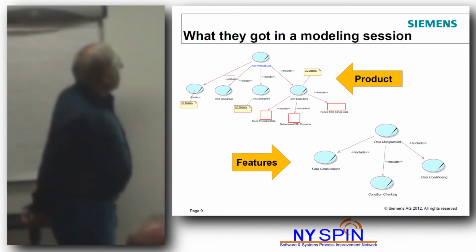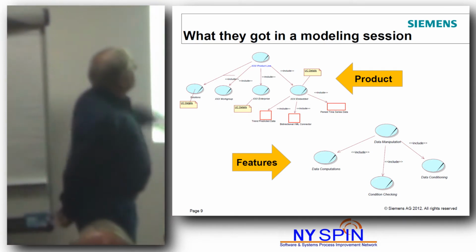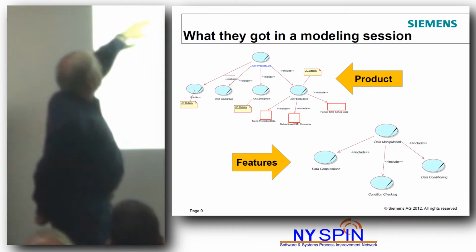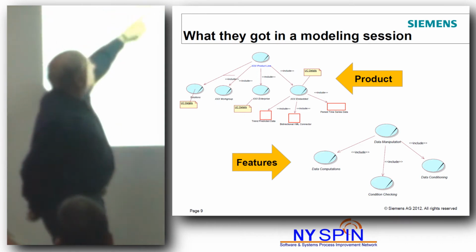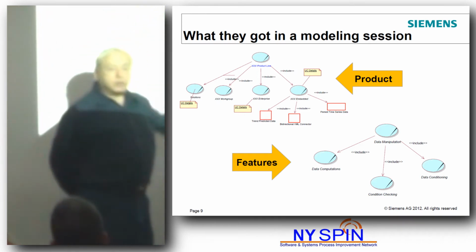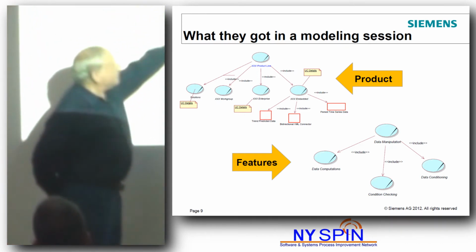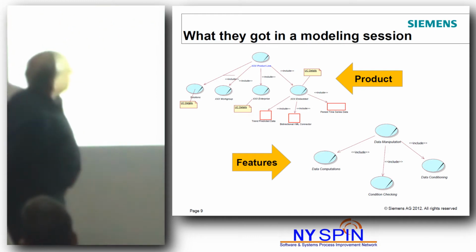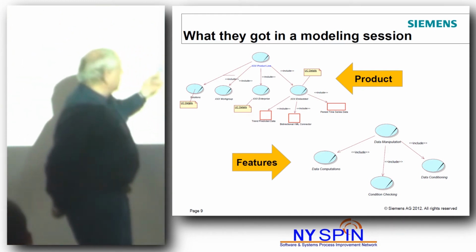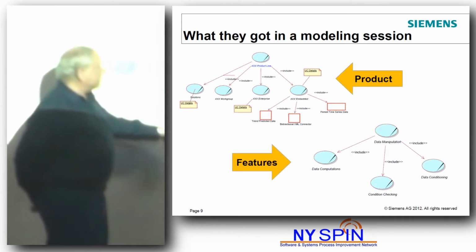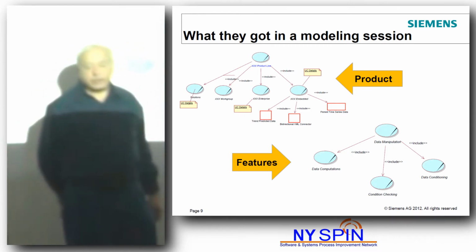Nothing I can do about that. Here's a product line, and here's solutions: a work group product, an enterprise product, an embedded product. And here are some requirements of the product. And here's data manipulation, including data computation features, condition checking features, and data conditioning features.